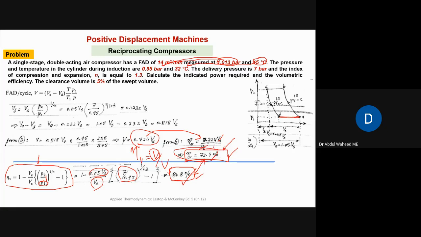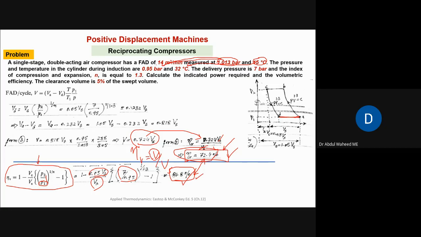this value with any other compressor of any other manufacturer. On the basis of its volumetric efficiency on free air conditions, you can tell that this compressor is performing better than the other one, or this particular compressor is better on the basis of free air conditions, right?